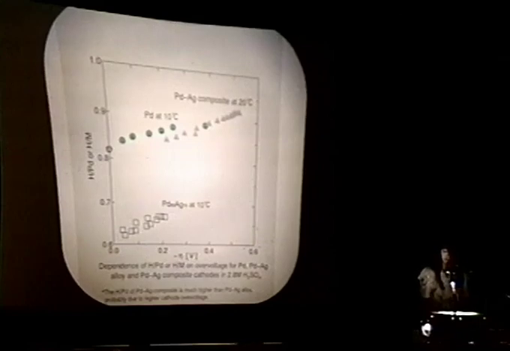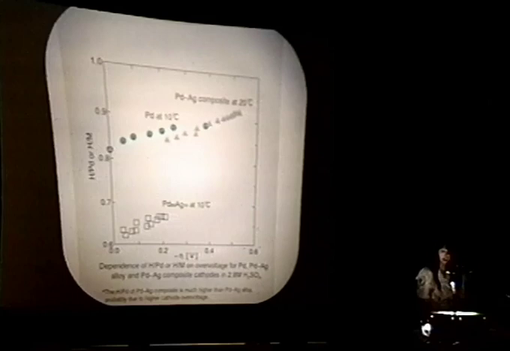This figure shows dependence of H/Pd or H/N on overvoltage for palladium, palladium silver alloy, and palladium silver composite cathode in 2.8 molar sulfuric acid. The green circles are H/Pd on palladium.